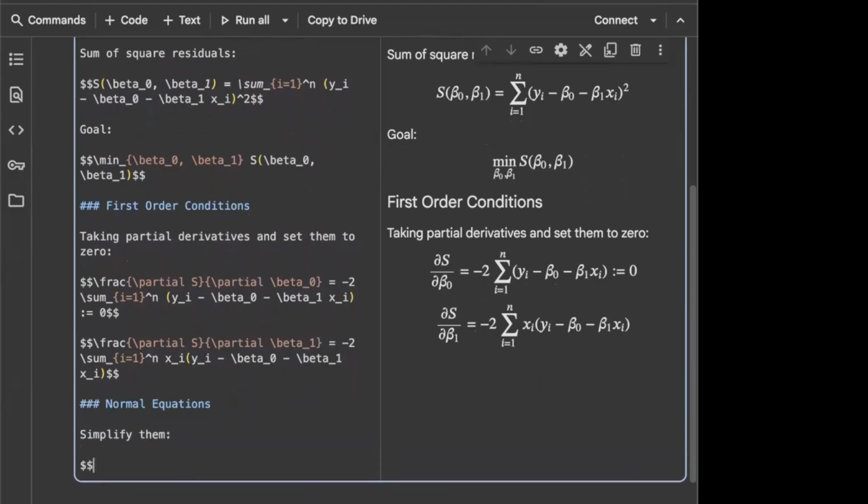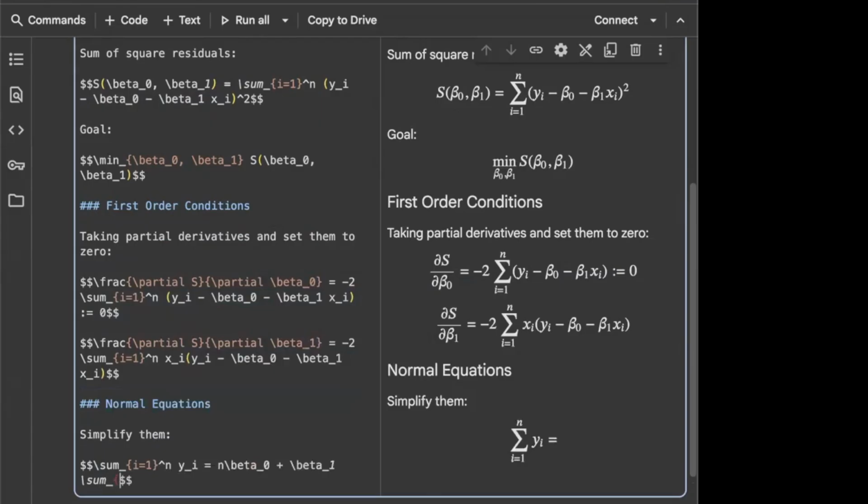So you look at the formula, and then you're like, oh, the sum from i from 1 to n, that's yi, because that's the first term here, right? And then the beta has nothing to do with this tracking index, right? So if it's an n term, then there's n of beta zeros. So n beta zeros, beta 1, and then the sum with the same tracking index, it's going to be xi.